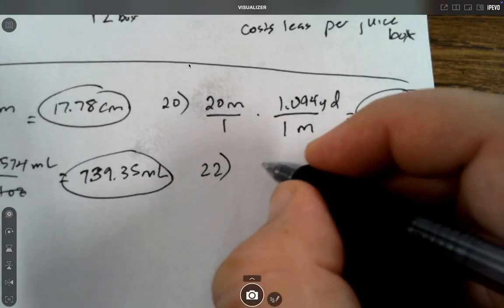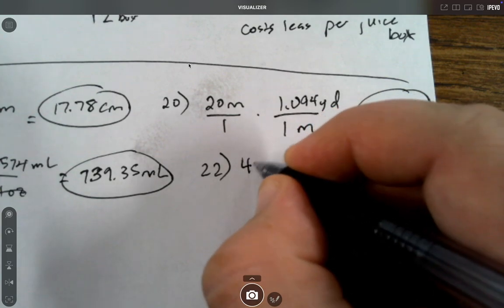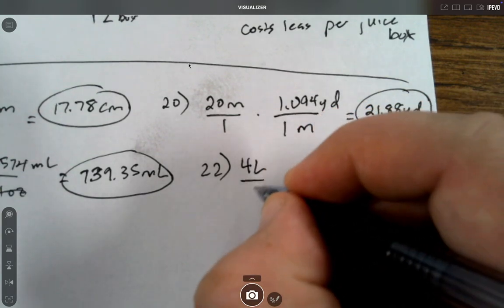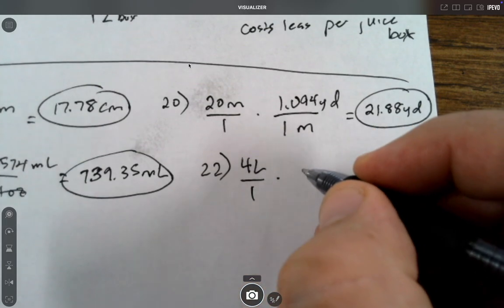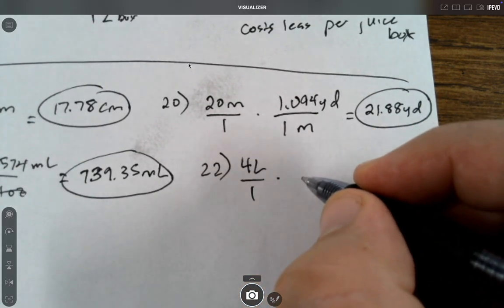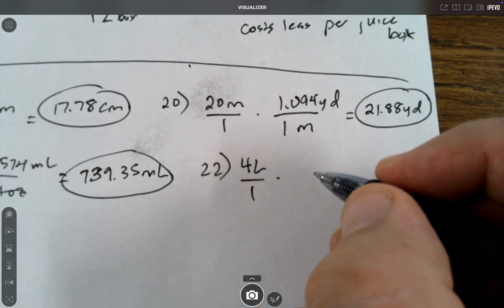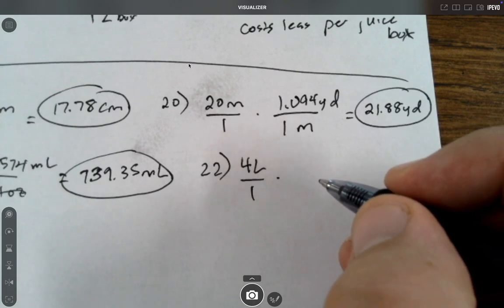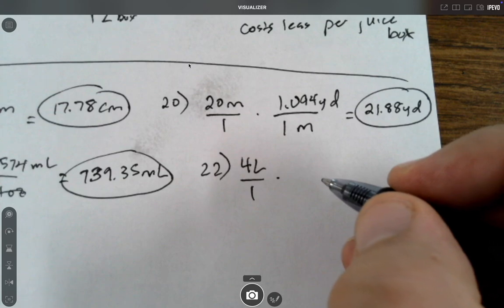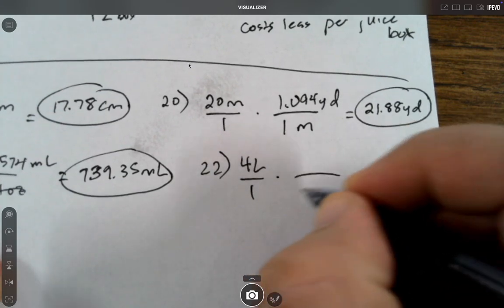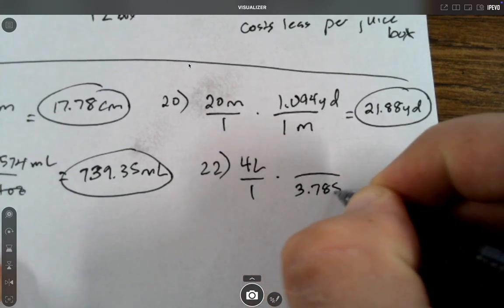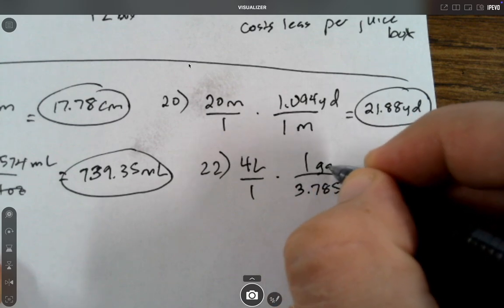Okay, 22, we start with 4 liters. We want to convert this into gallons. So I put 4 liters over 1. I've got to look at the table here. Liters and gallons, that's the last line, the fourth line in the capacity section, the middle section. It says 1 gallon is about 3.785 liters. So I'll put 3.785 liters on the bottom, 1 gallon on the top.